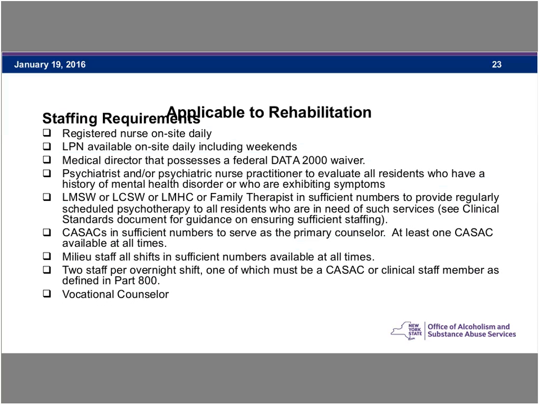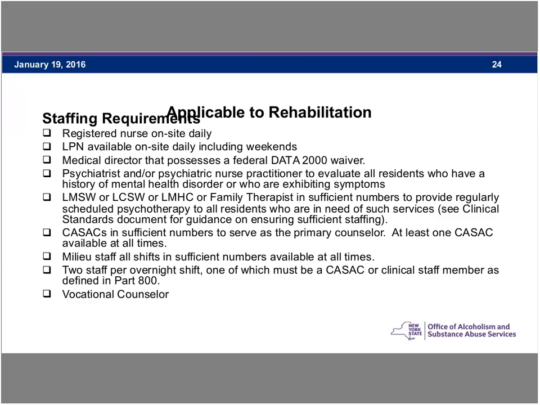Okay. So staffing requirements for rehabilitation: you've got a registered nurse on site daily, an LPN on site daily including weekends, and a medical director that possesses a federal Data 2000 waiver. The medical director may serve as medical director of more than one program certified by the office. So he's not just locked into that particular PRU.